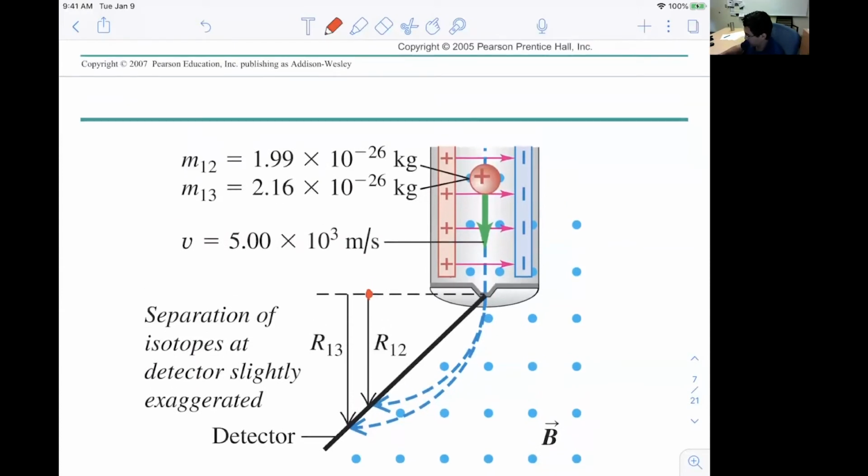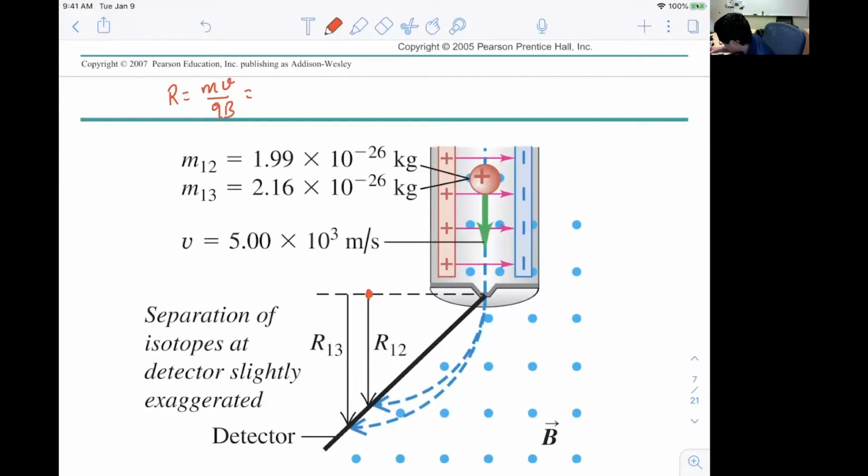So R is mv divided by qB. Indeed, it doesn't show the charge, but let's say it has a positive charge, one electron less, so one more proton.